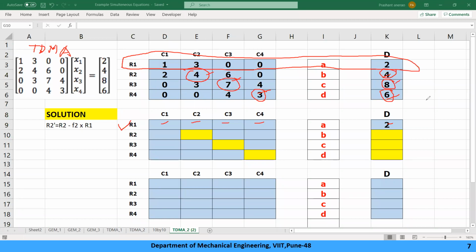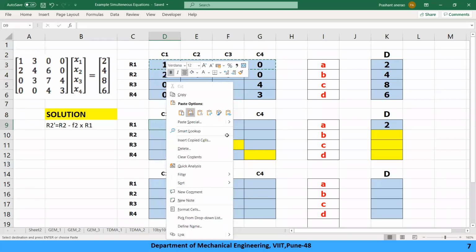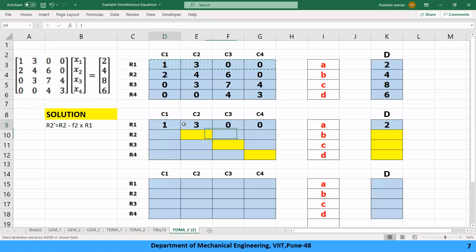Many times most students understand this method and implement it, but they make mistakes while calling the values with the latest terms. So try to understand this. I'll go with step 1. Now look, this 1130, I'll just copy and paste it here. So row number 1 is as it is.